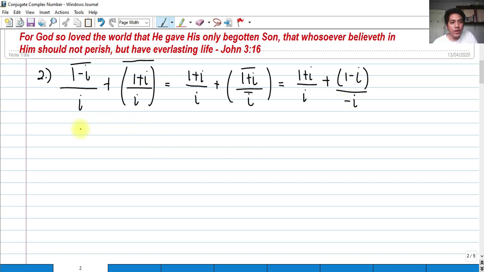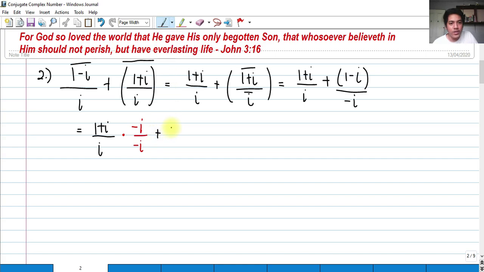Again, in order for us to solve this, we need first to eliminate the i in each of the denominators. So we'll have 1 plus i all over i, and this would be multiplied by the conjugate of its denominator, negative i, for the first term.